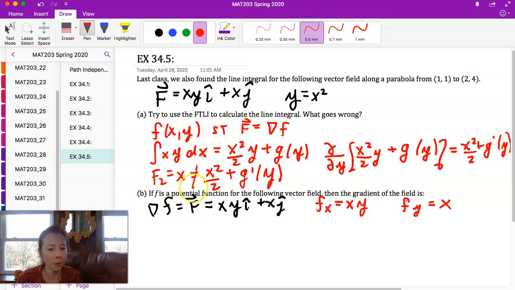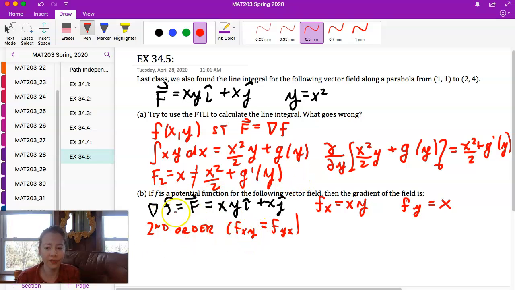So one thing we can do is use the fact that the mixed partials, so we're going to look at the second order partials, f with respect to x followed by with respect to y, should be equal to f sub yx, right? We know those should be equal to each other.